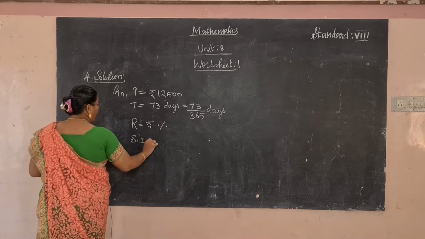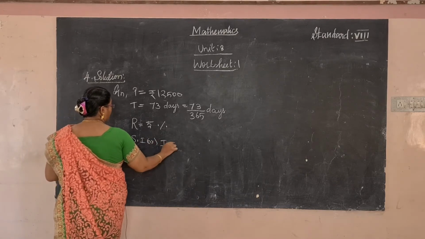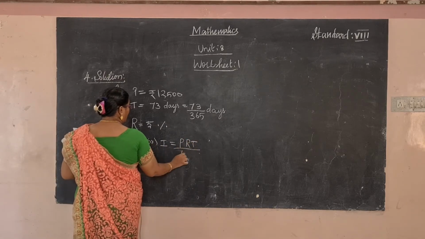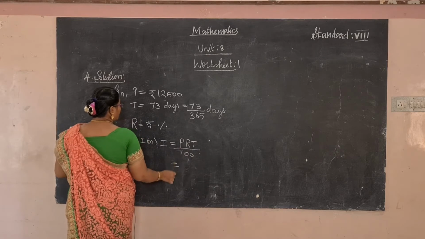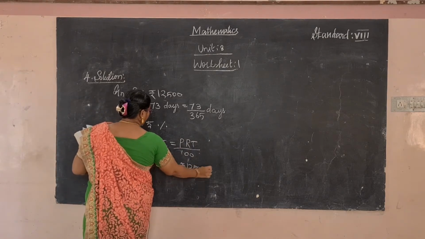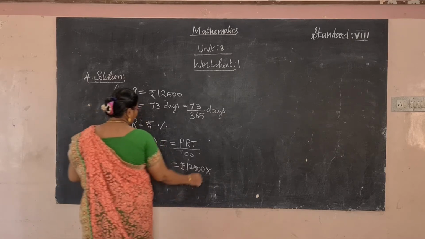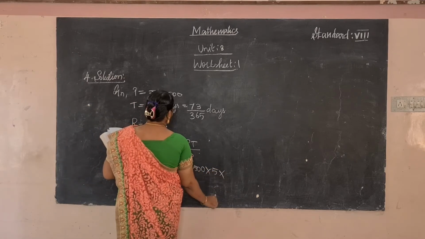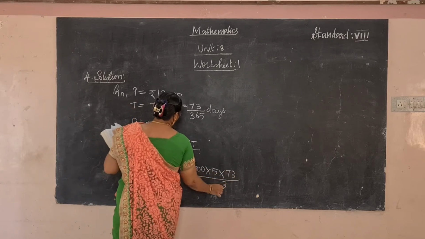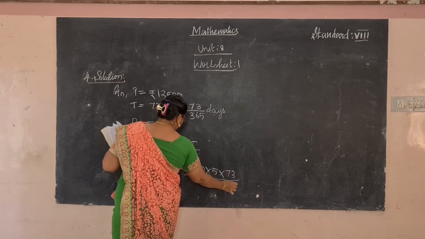What is the formula for the simple interest? I is equal to PRT by 100. What is the P value here? 12,500 into R value 5, and the time, the duration, is 73 by 365 days.